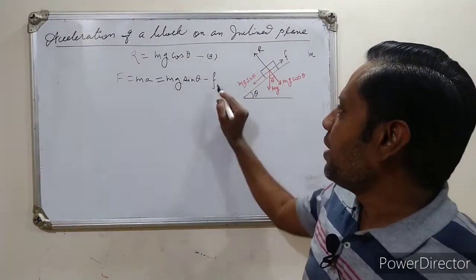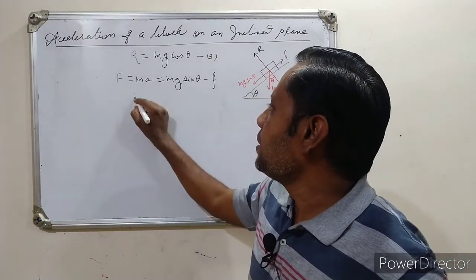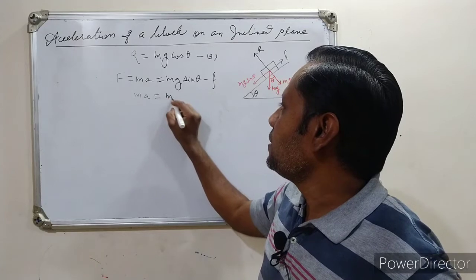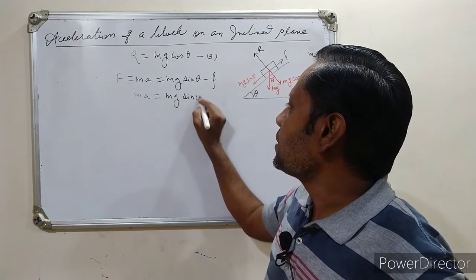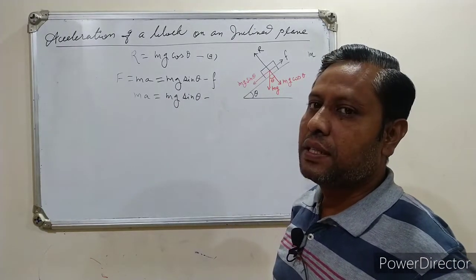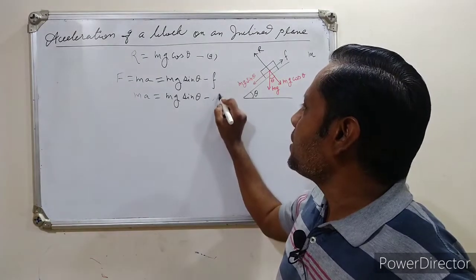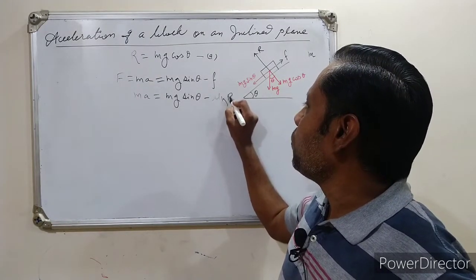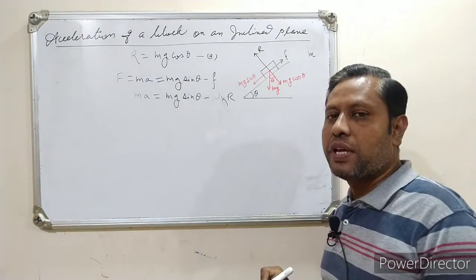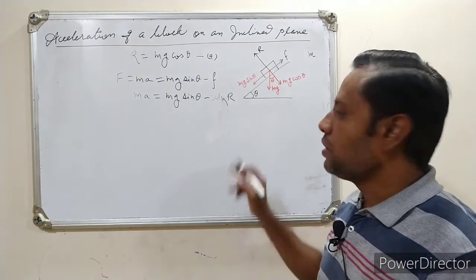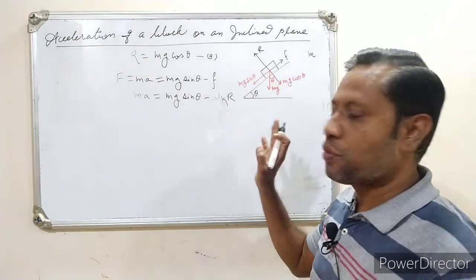So if I put the value of this F, I can write m into a is equal to mg sin theta minus F, which can be written as mu k into R. Mu k is the coefficient of kinetic friction and R is the reaction force here.